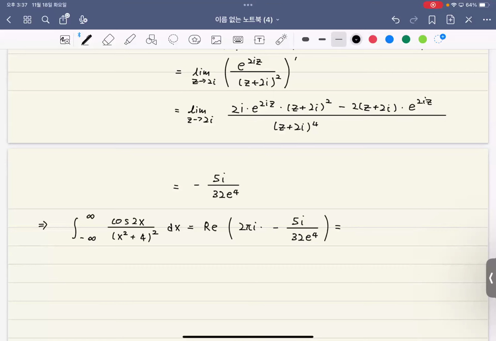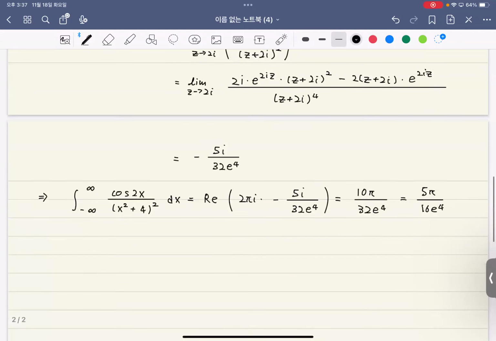And this is just 10 pi over 32 times e to the fourth. Okay, good.